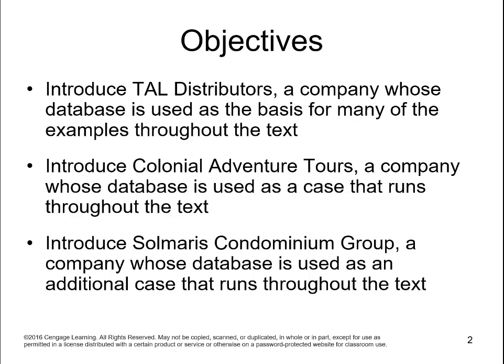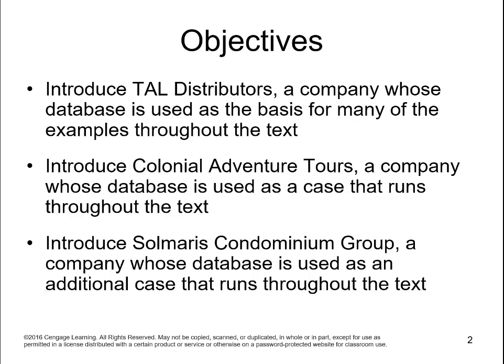For our homework, we will be using Colonial Adventure Tours. Oftentimes our examples will be using the TAL distributors or the Solmaris condominium group, so that we're not just giving away the Colonial Adventure Tours assignments.